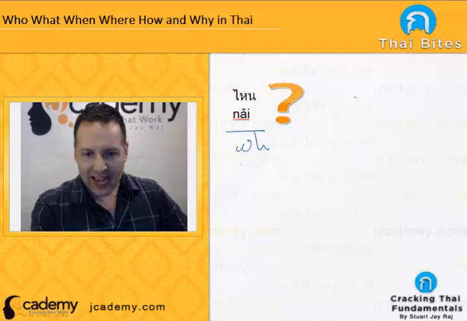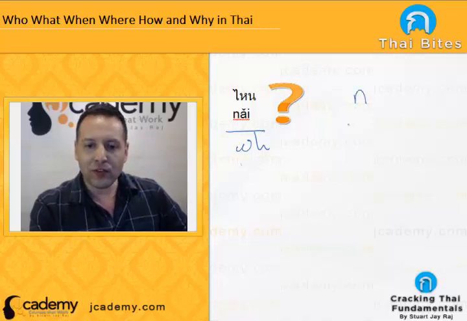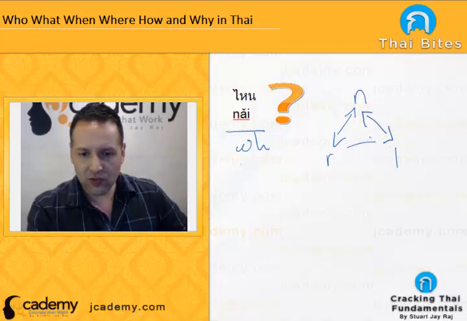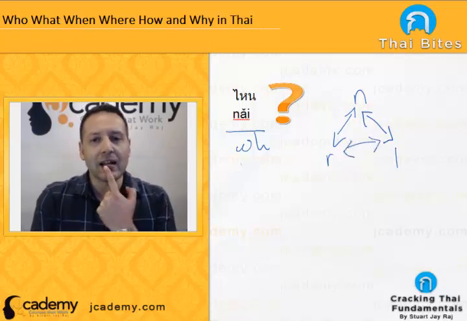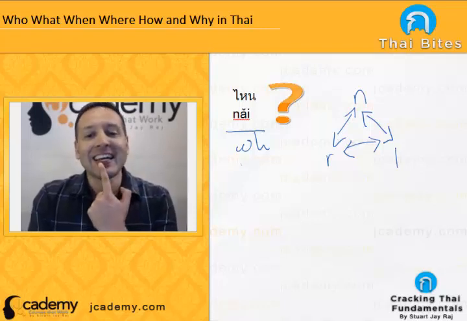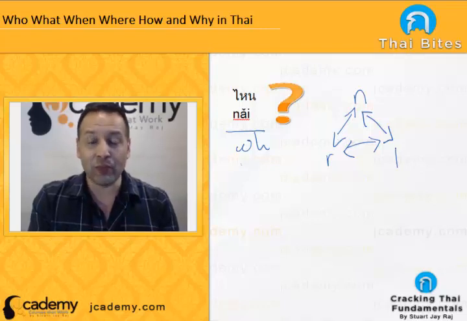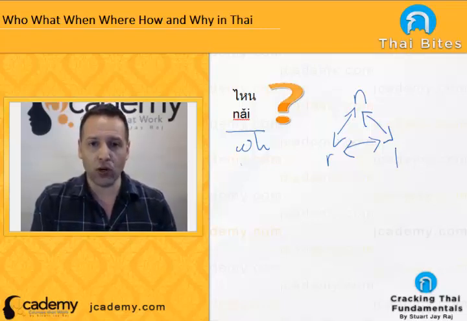But here we have nai done with an N. One thing we have to remember in many languages, especially in this part of the world, and it actually happens all over the world, is that the letters N, R, and L are all produced from the hard palate. Actually, as a native speaker of English, if you say the word lip and the word pill.